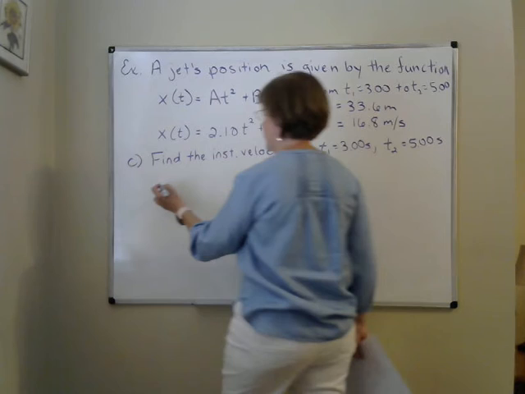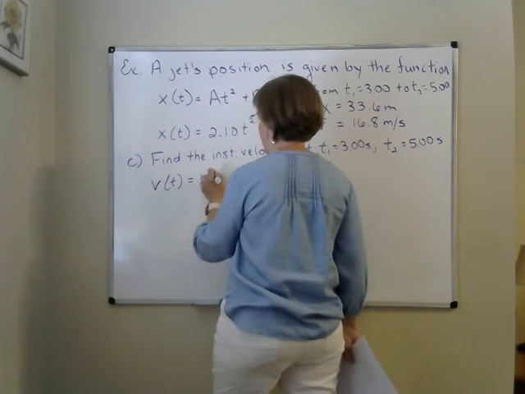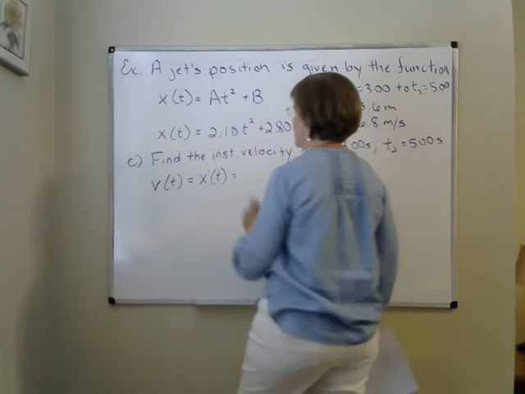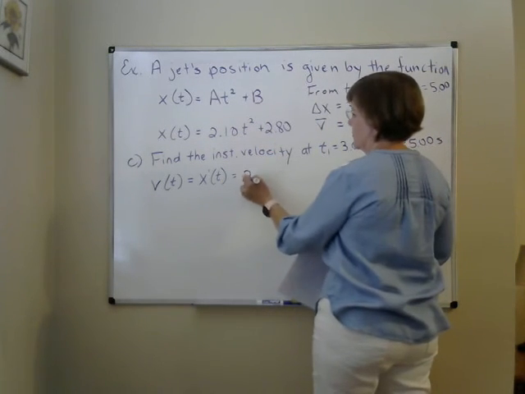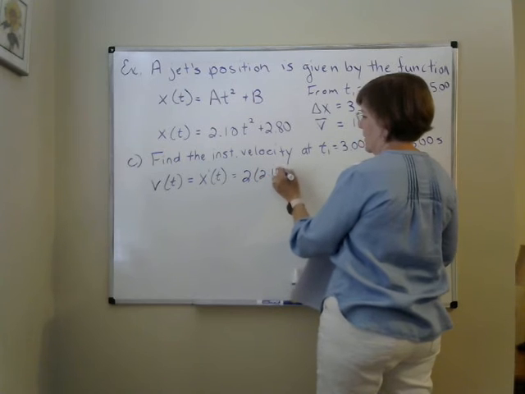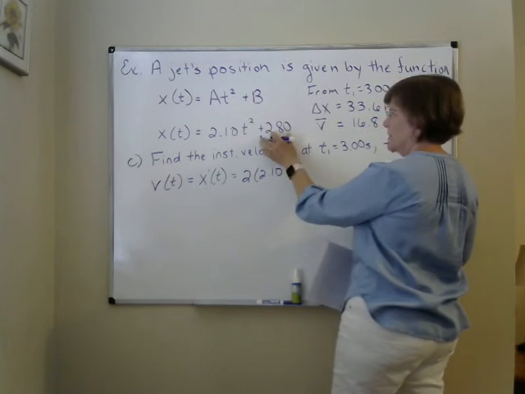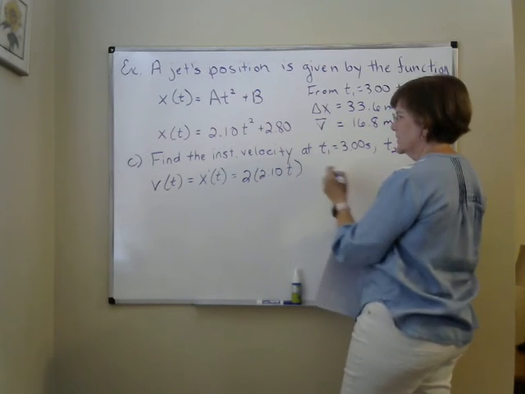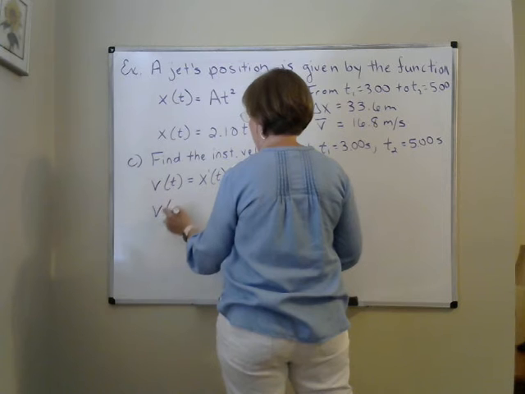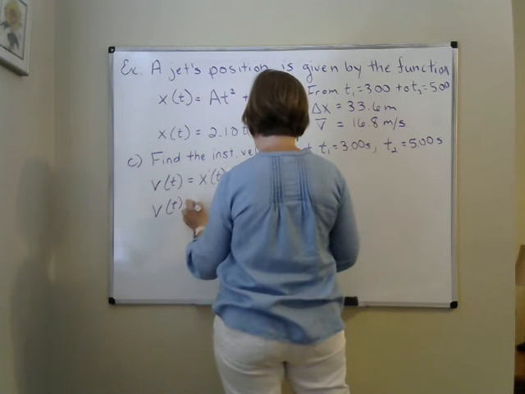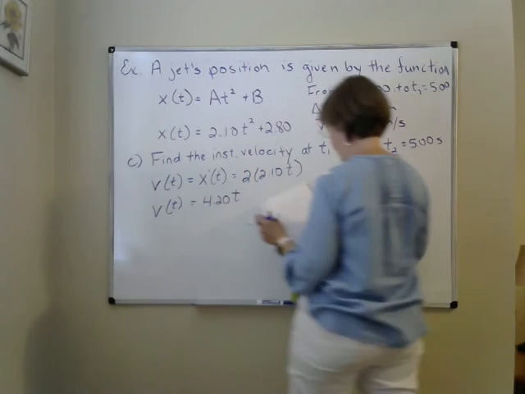I need to find that function. v of t is x prime of t. Well, what is the derivative? If I take the derivative of the first term, I get 2 times 2.10 t. The derivative of 2.80 is simply 0. So the velocity function is simply 4.20 t.